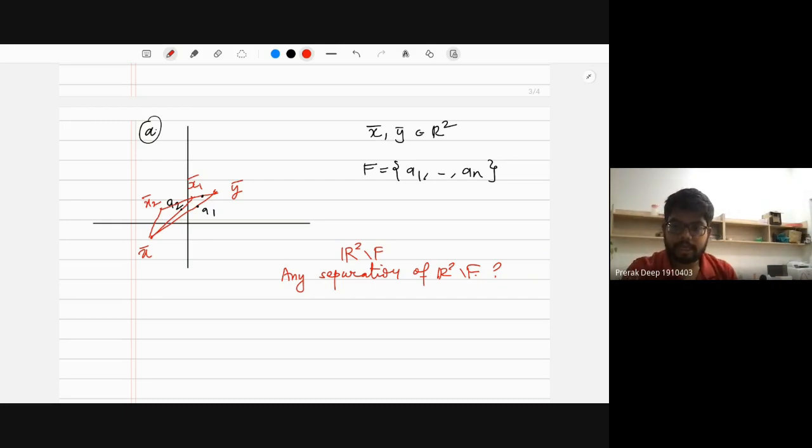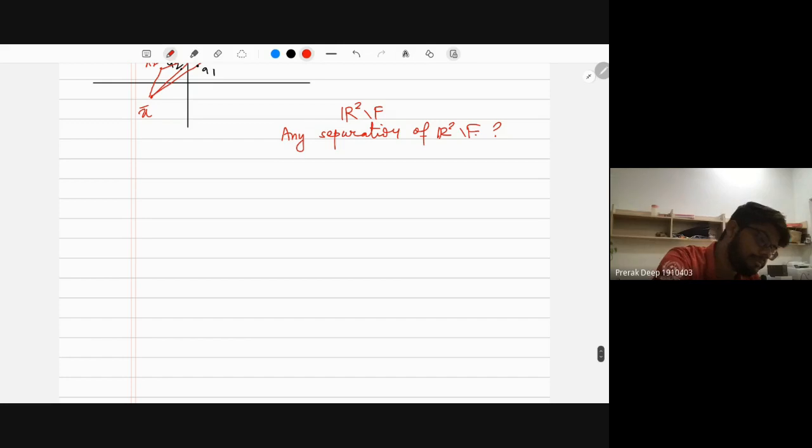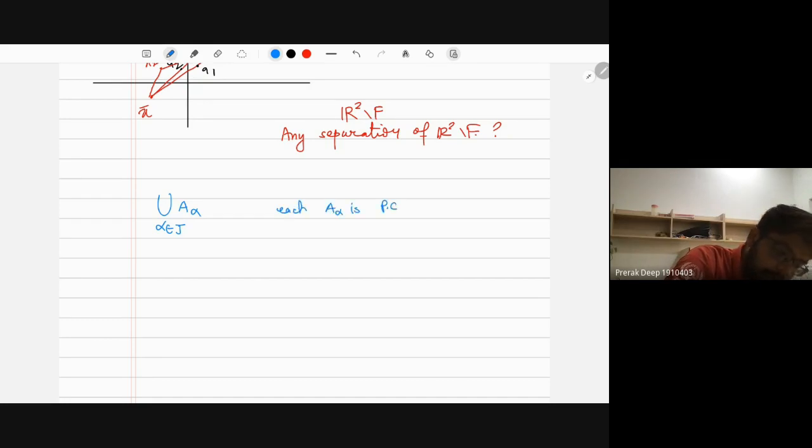Okay, coming back to Thangeshwaran's question. So is an arbitrary union of path connected sets connected or not? Okay. So if you have an arbitrary union of path components, each alpha j is path connected, right?